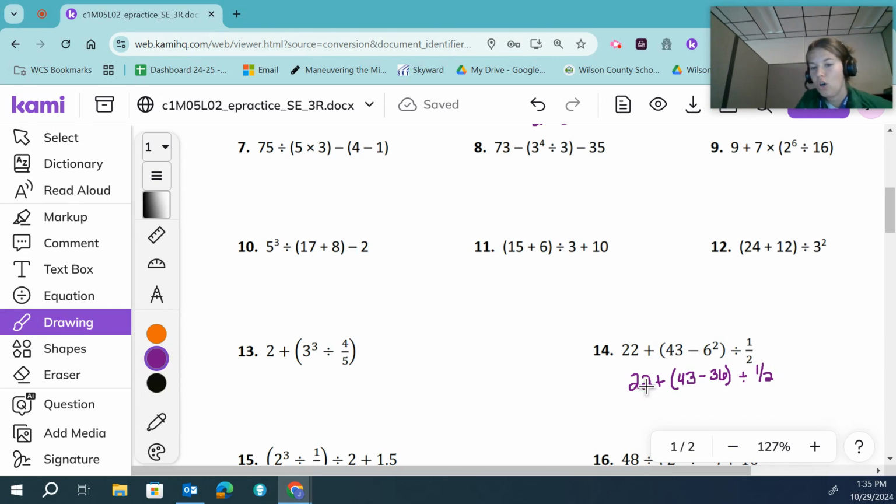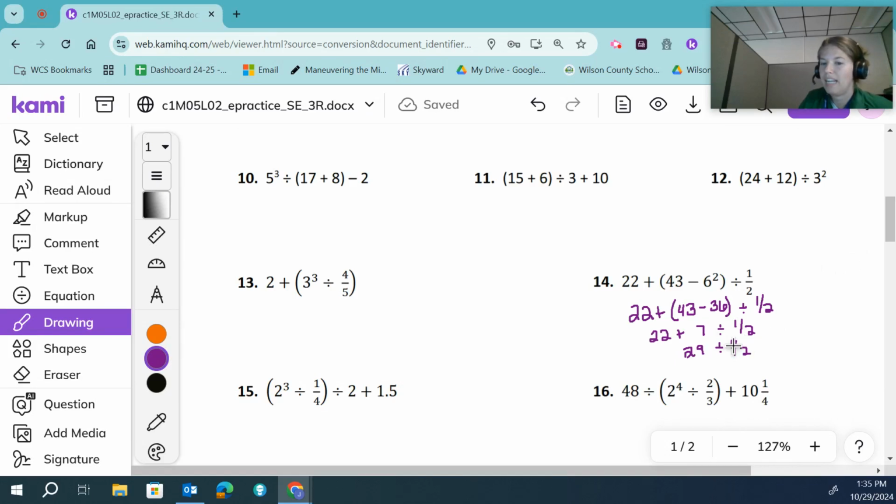Now I'm going to finish out my grouping symbols because I'm not fully finished with those yet. So 22 stays the same, plus 43 minus 36 is 7. Because I've finished everything in my parentheses, I can get rid of those, divided by 1/2. 22 plus 7 is 29, divided by 1/2.